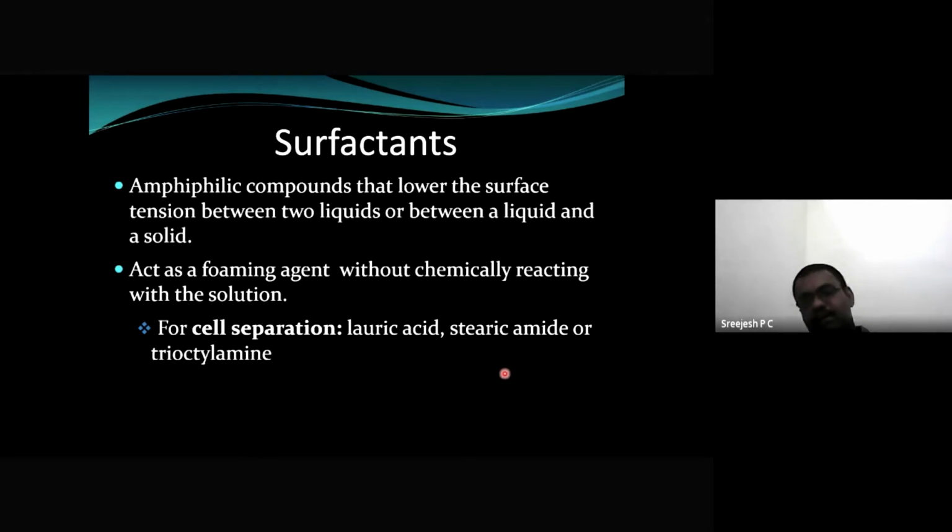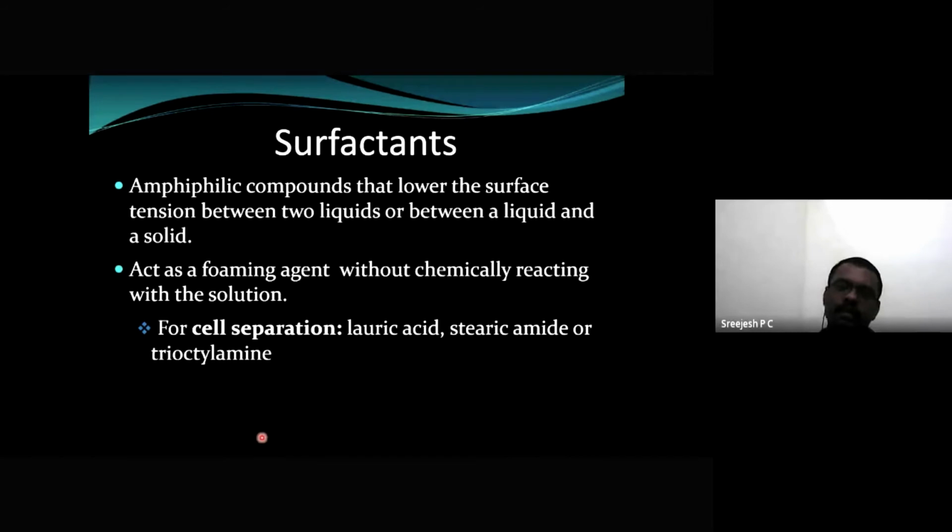But there are various reports where various surfactants have been tried for the separation of cells, which include lauric acid, stearic amide, or trioctyl amide. In that way, different surfactants are being tried.